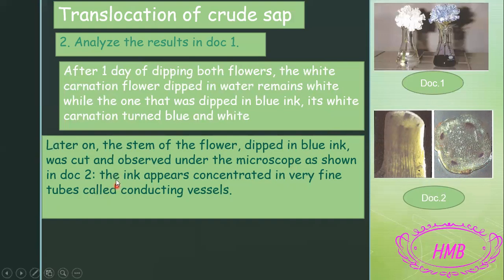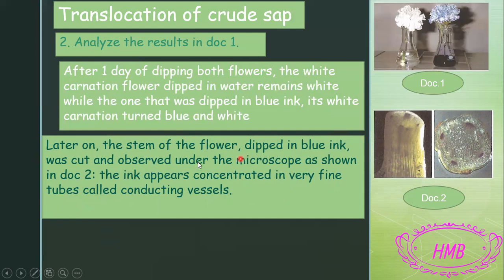The results were the ink appears concentrated in very fine tubes called conducting vessels. So these long tubes that you see inside the stem, as you can see, they are dark. These are the tubes called conducting vessels.